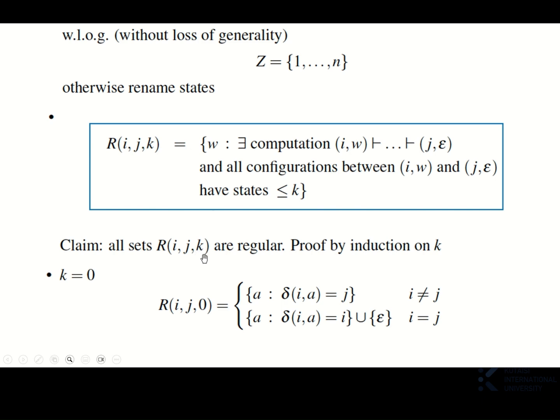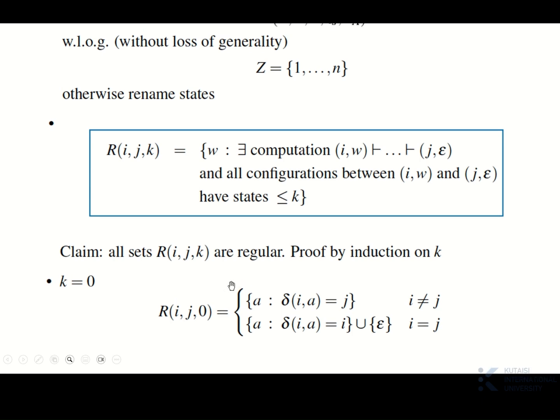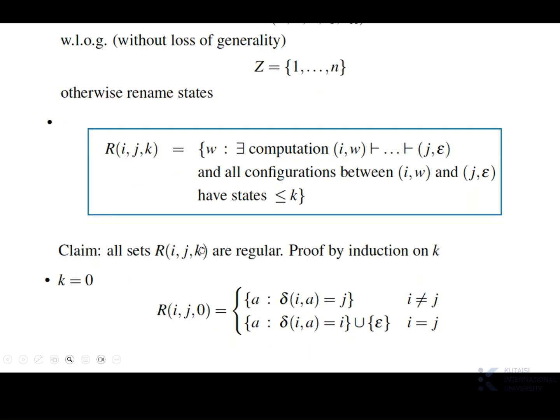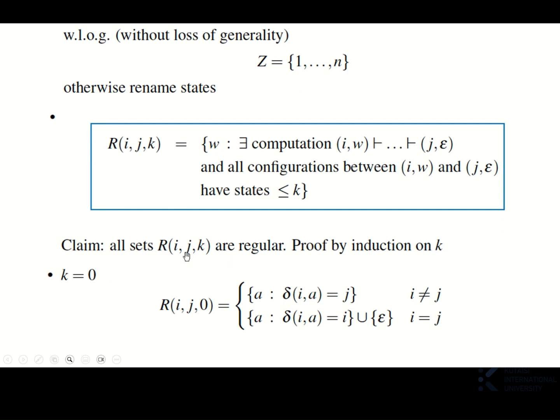Remember what Rijk is. It's a little confusing. It's all those words that start in state i, end in state j, and all the states that you pass in between are less or equal to k. If you get the definition of Rijk, my question is, what is Rij0?